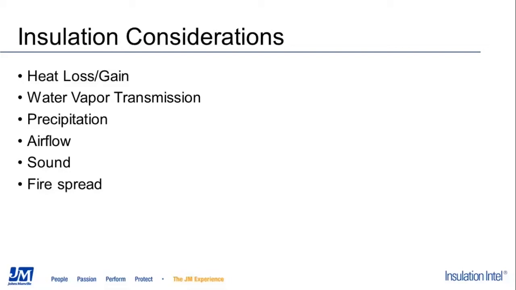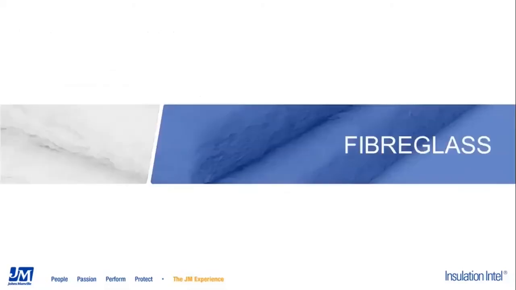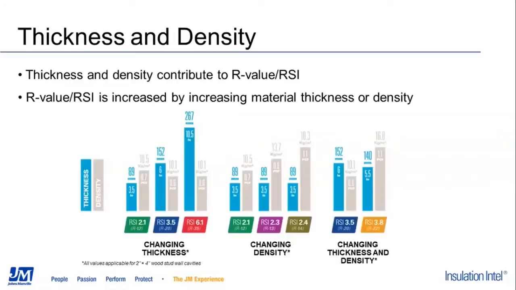So we're going to start off with fiberglass, and specifically fiberglass bats and rolls. But before I get into the actual fiberglass product line, you'll see there are going to be several available options when it comes to R value. And R values are going to be designed to meet codes and how that code relates to the building envelope. And to be able to meet the different requirements, R value for insulation is going to be controlled by thickness and density.